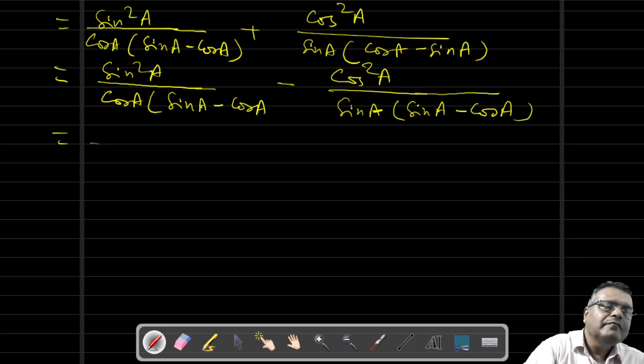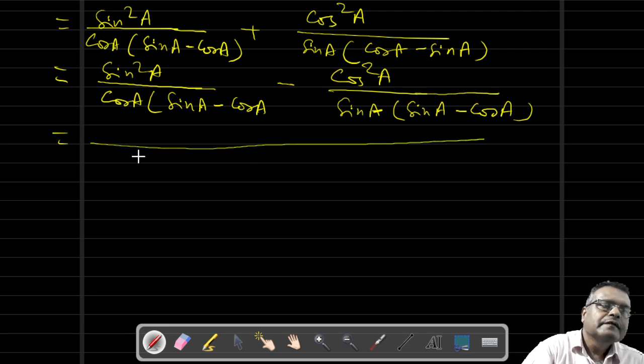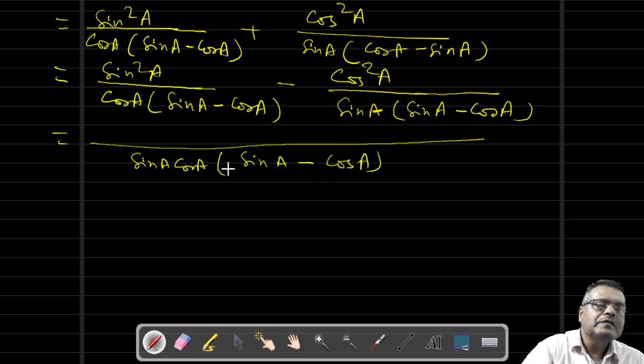Now you will have LCM sin A into cos A into (sin A minus cos A). By solving, you will be left with sin cube A minus, similarly, cos cube A.